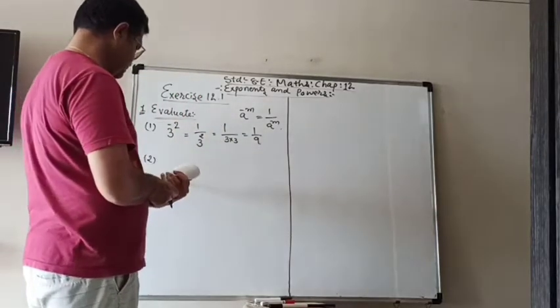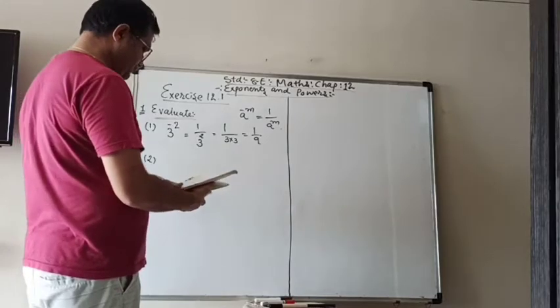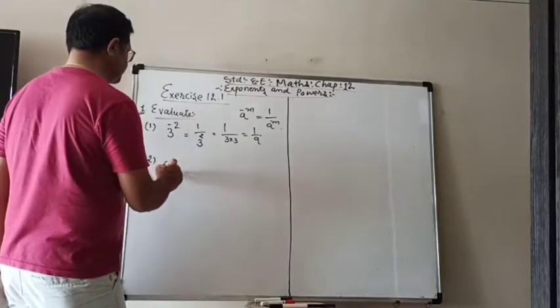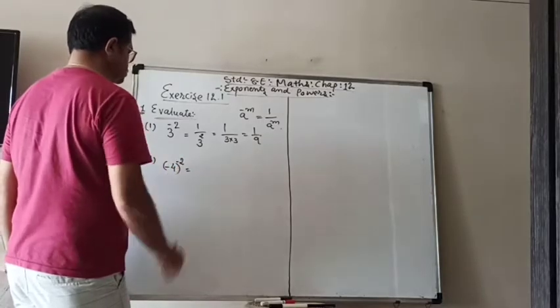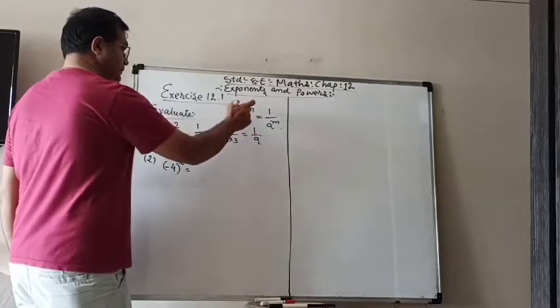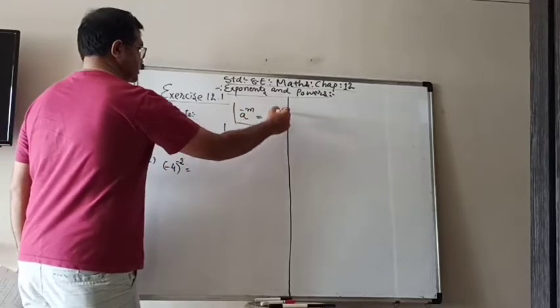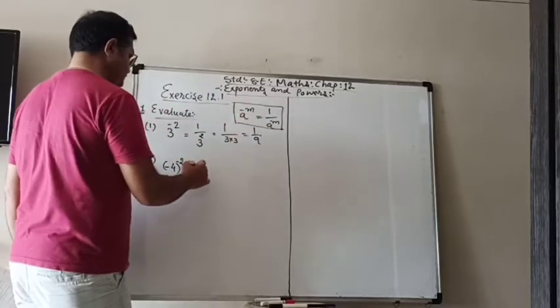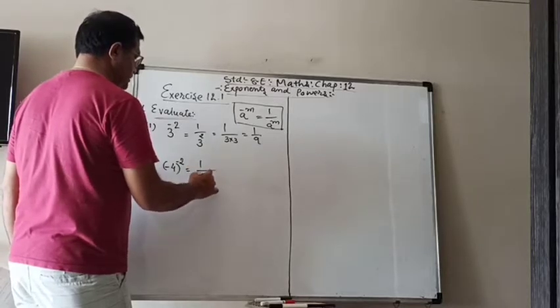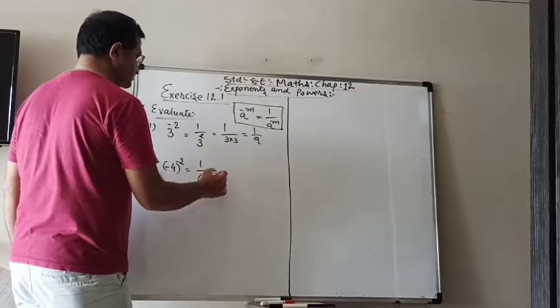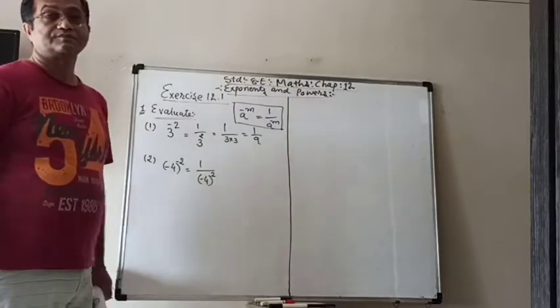Second one is minus 4 raised to power minus 2. Here also we can apply the same rule. So it is equal to 1 upon minus 4 squared.